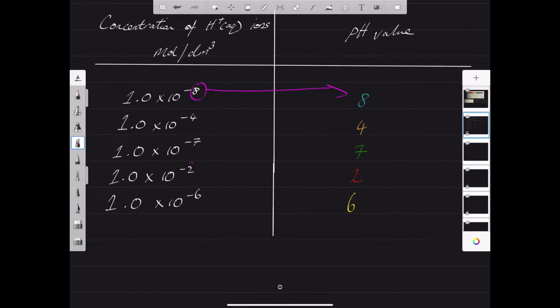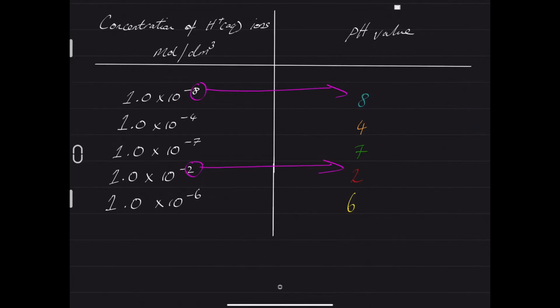If you were to take 2, you can see it becomes pH 2. So what you're seeing is another way to represent the concentration values. This is in standard format, and you can see how to pick out the pH value from the concentration. So just be aware that this is another way.